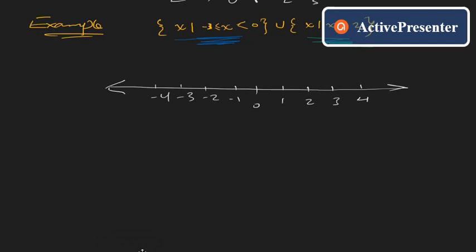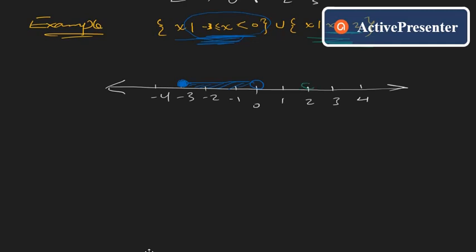The first set is x between minus 3 closed and 0 open. Minus 3 closed and 0 open. Here x. Graphing another set, x is greater than or equal to number 2.